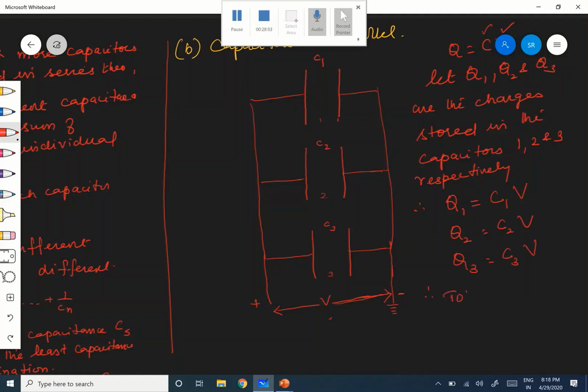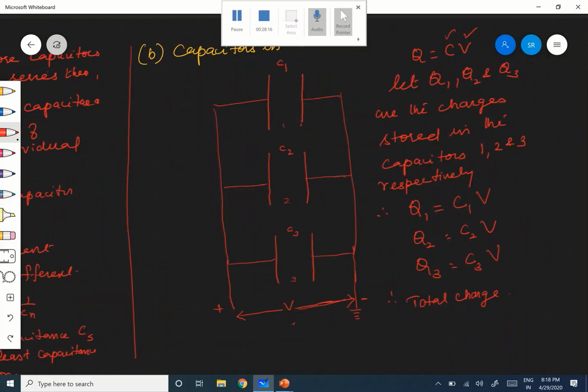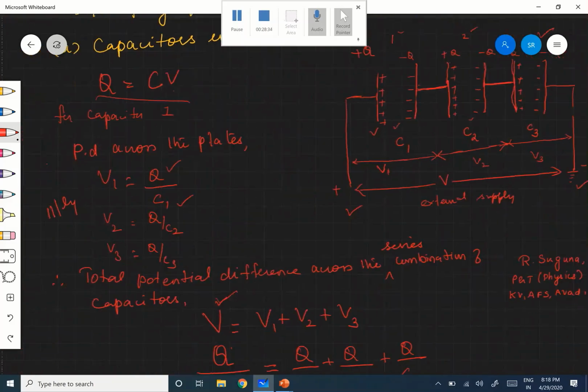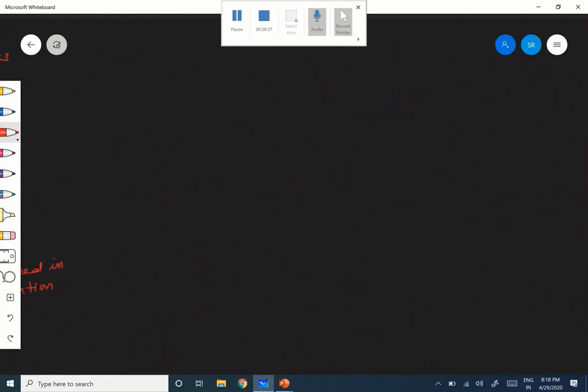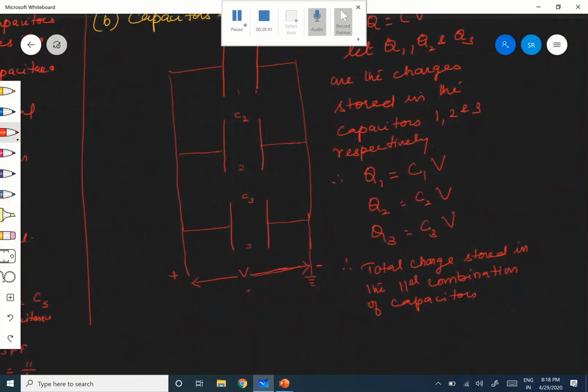Therefore, the total charge stored in the parallel combination of capacitors, Q, is equal to Q1 plus Q2 plus Q3.